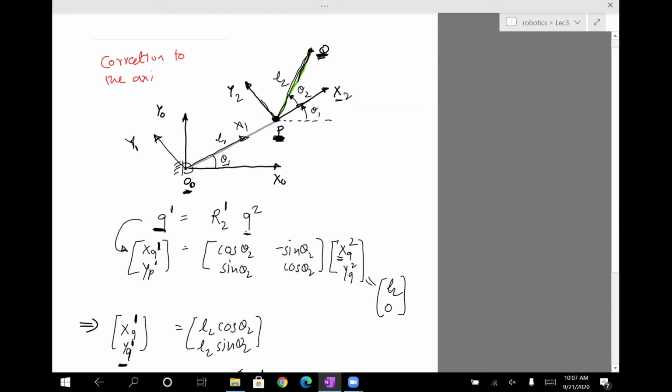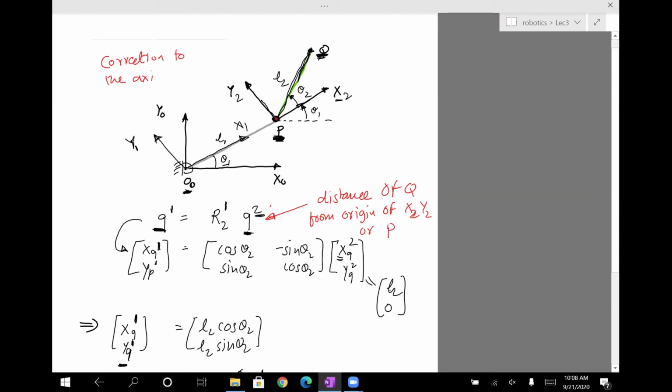So it's the distance from the origin of frame 2. So let me write that down. Distance of Q from origin of x2, y2, or distance from P, from this point.